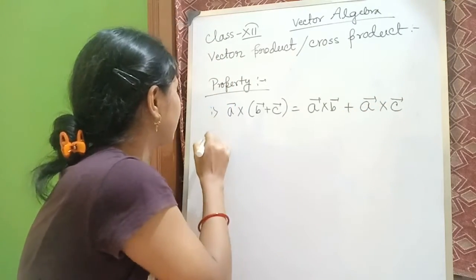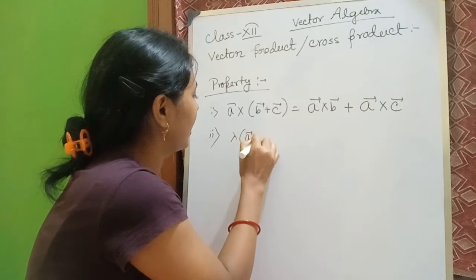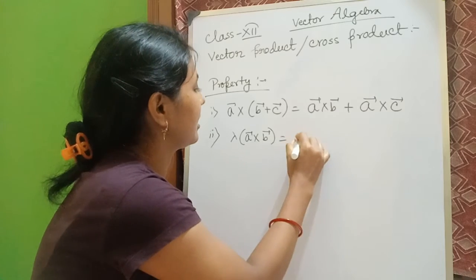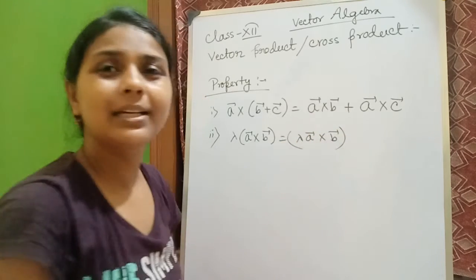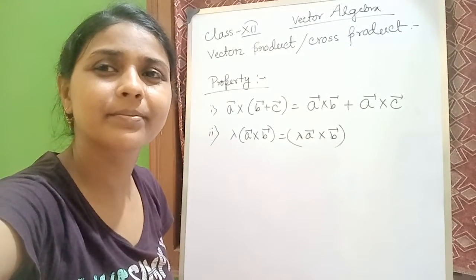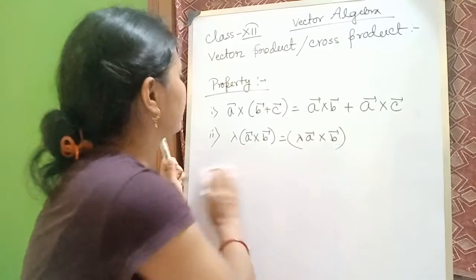This is number 1. Number 2, that is lambda of A cross B is equals to lambda A cross B, like this. It can be written. Now we have got this.